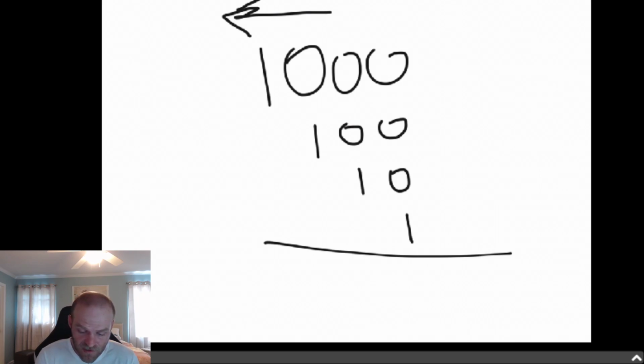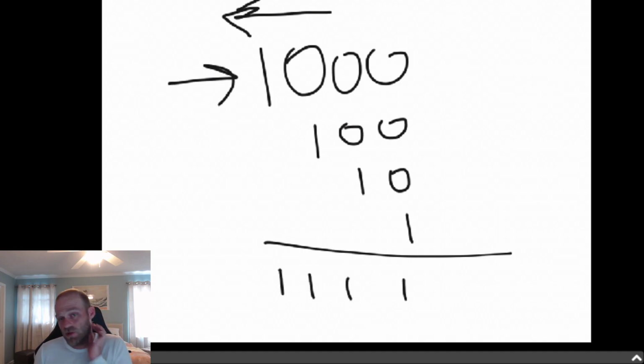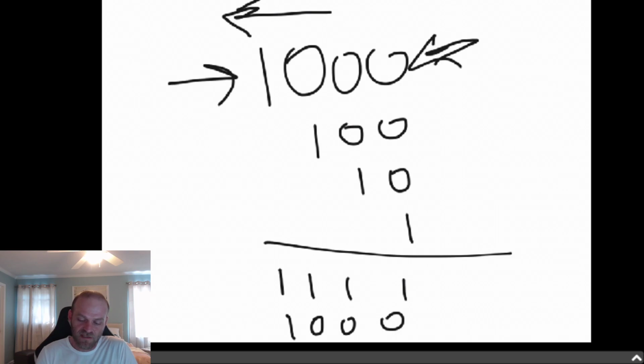In this case, it'll be the 1 in my 1,000. So when I add it up, it'll be 1,111. But if I wanted to leave it in the correct number of significant figures, it would still be 1,000, because I can only have one significant figure because of this one right here, and it has to be in the thousands place.